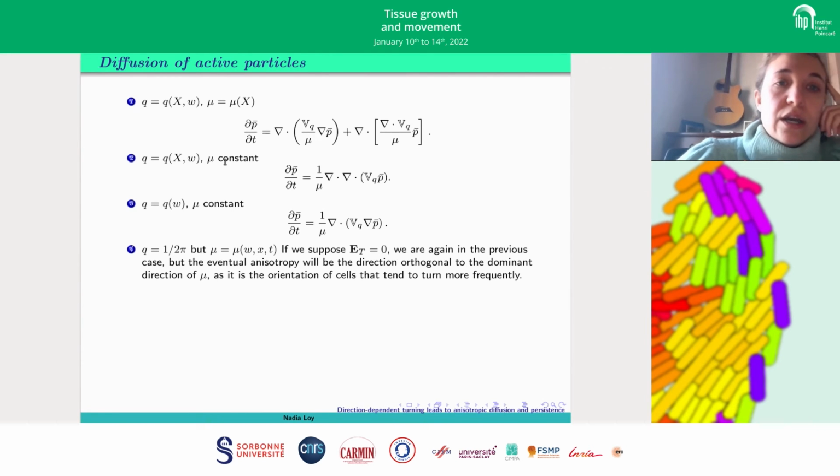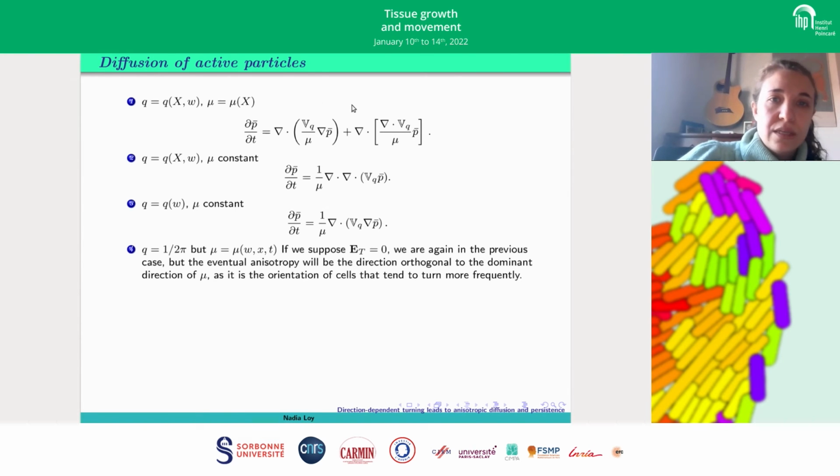If we consider a constant turning frequency, then we only obtain this fully anisotropic equation, while if there is not at all heterogeneity in the spatial case, then we obtain this Hillen form. So this is actually the classical diffusion equation. In a heterogeneous environment, we only have a source of anisotropy that is linked to the fibers distribution. If we add this entering the fibers, then we obtain this equation that's similar to the Chapman equation for heterogeneity in the space.